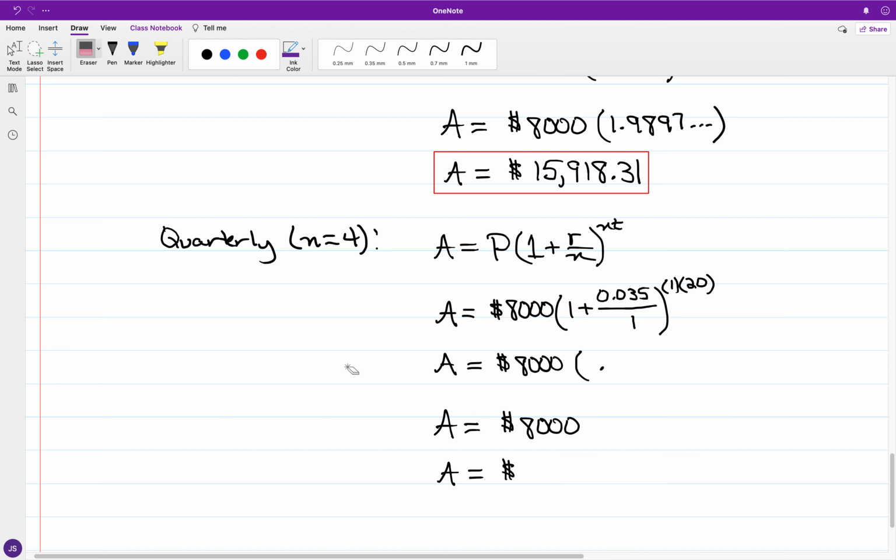So with n at 4, we have 1 plus 0.035 over 4, and this will be to the 4 times 20th power.